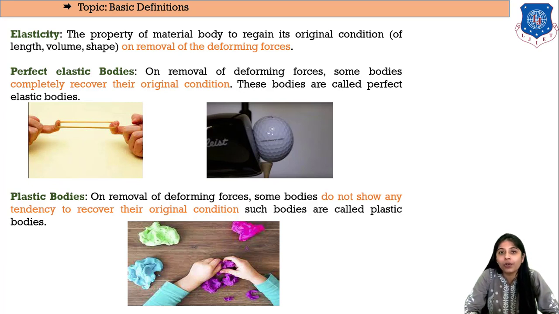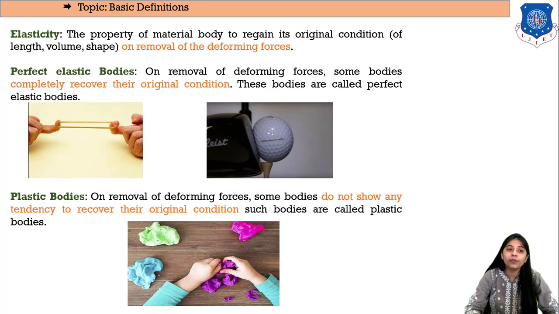But if you remove the deforming forces and the body completely recovers its original condition, then that body is known as an elastic body, rather a perfect elastic body, and this property is known as elasticity. Simply, the property of a body or an object to regain its original condition after the removal of deforming forces is known as elasticity.